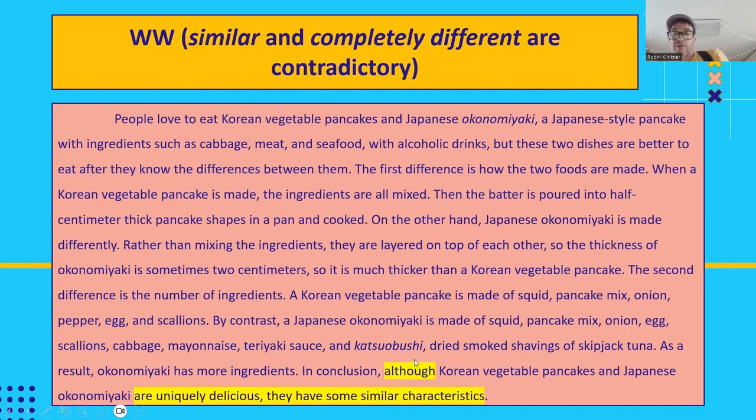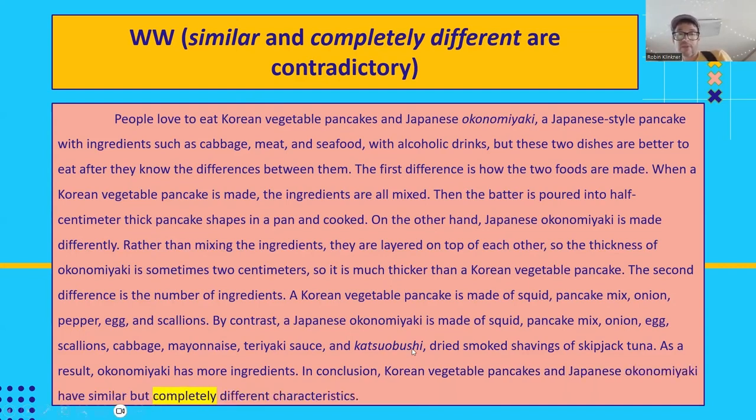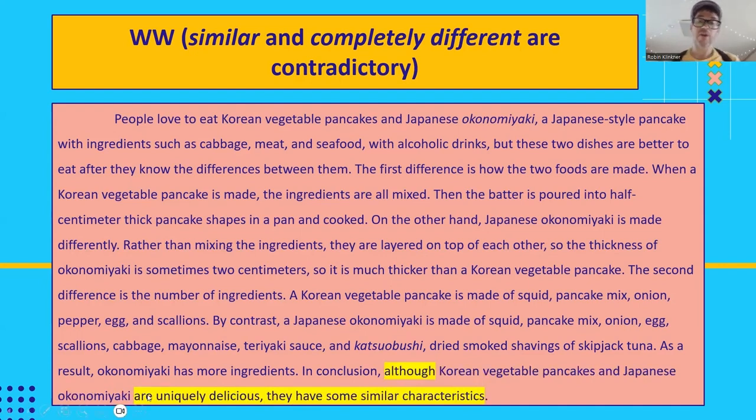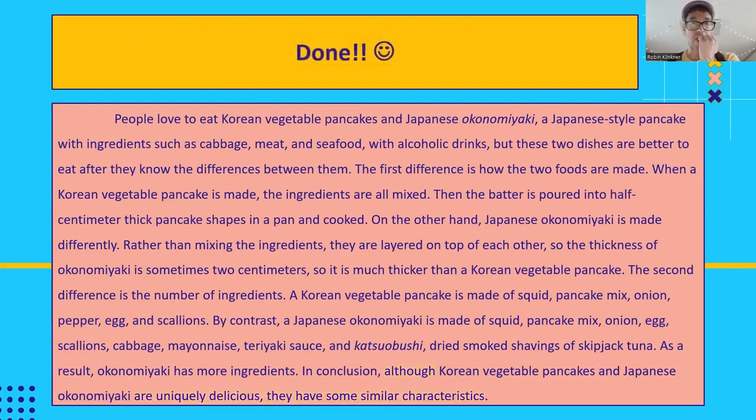Although Korean vegetable pancakes and Japanese okonomiyaki are uniquely delicious, I wish I had some right now. They have some similar characteristics. So, this didn't make sense because you can't say something similar from something else, but they're completely different. So, that's clear. All right. Boom. Okay. So, done. Now it's nice and clear.